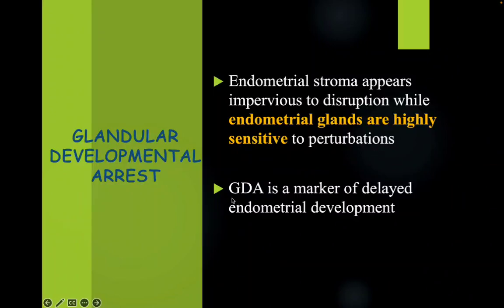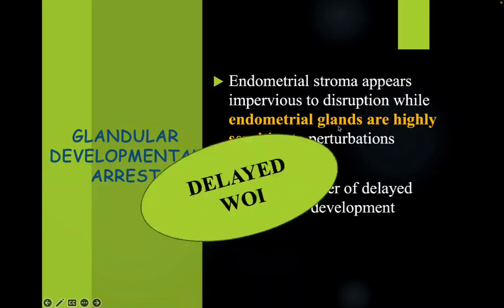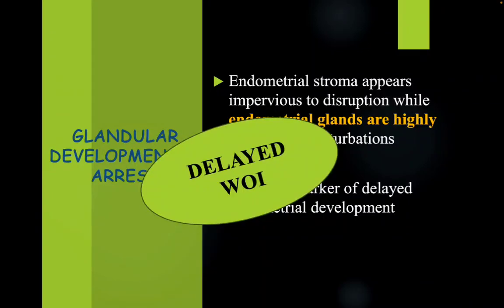So glandular developmental arrest is a marker of delayed endometrial development. Whenever anything happens to the glands, that leads to a delayed window of implantation. So it is the glands which are more sensitive to all the problems, ultimately leading to delayed window of implantation.